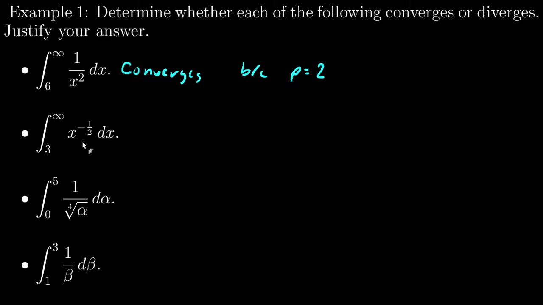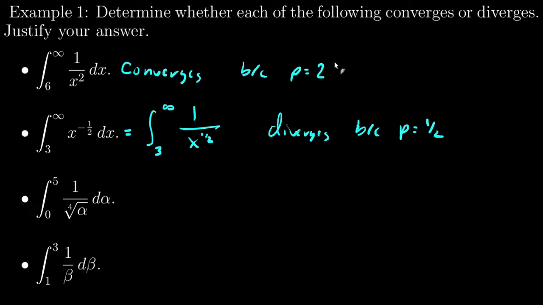However, you can rewrite this as the integral from 3 to infinity of 1 over x to the 1/2. I'm going to infinity, so I need a large power to have it converge. This is a small power. It diverges because p is equal to 1/2. And the important thing is this is greater than 1, this is less than 1, or sorry, less than or equal to 1. That would be good enough for divergence here.